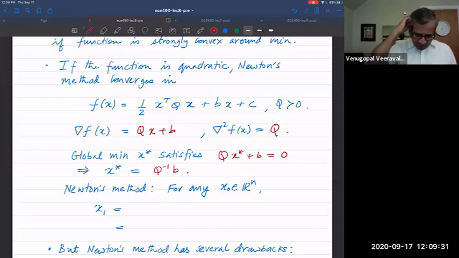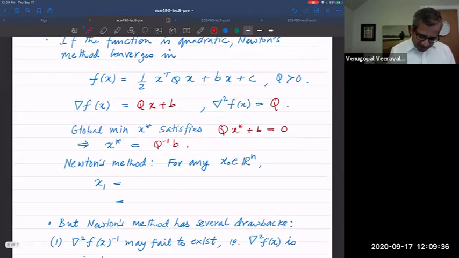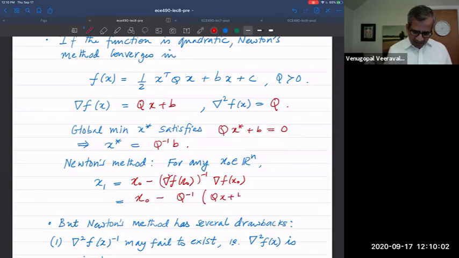So what happens if we apply Newton's method? Let's start with any x0 belonging to Rn. x1 will be x0 minus the Hessian at x0 inverse times the gradient at x0. So this is x0 minus the Hessian inverse, Q inverse, times the gradient, which is Qx0 plus b.